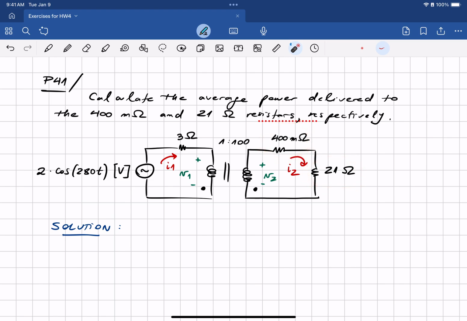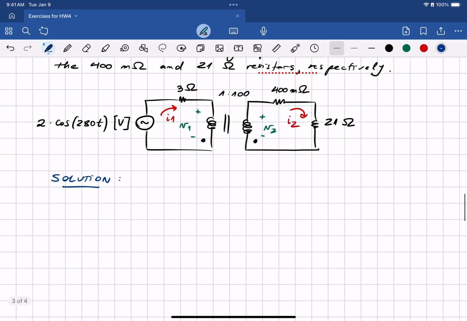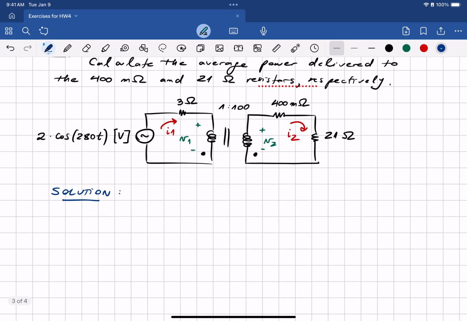So, a very simple circuit. And the idea here is to use referring. I wouldn't call it a technique, but we need to refer the elements from the primary to the secondary.